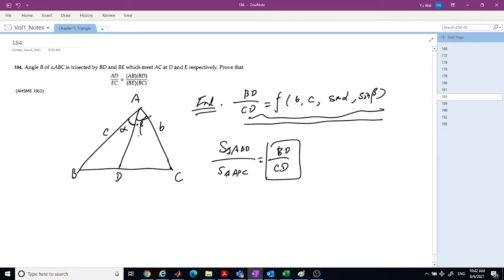Because they share the same height and have different bases, the ratio of the bases is the ratio of the areas.